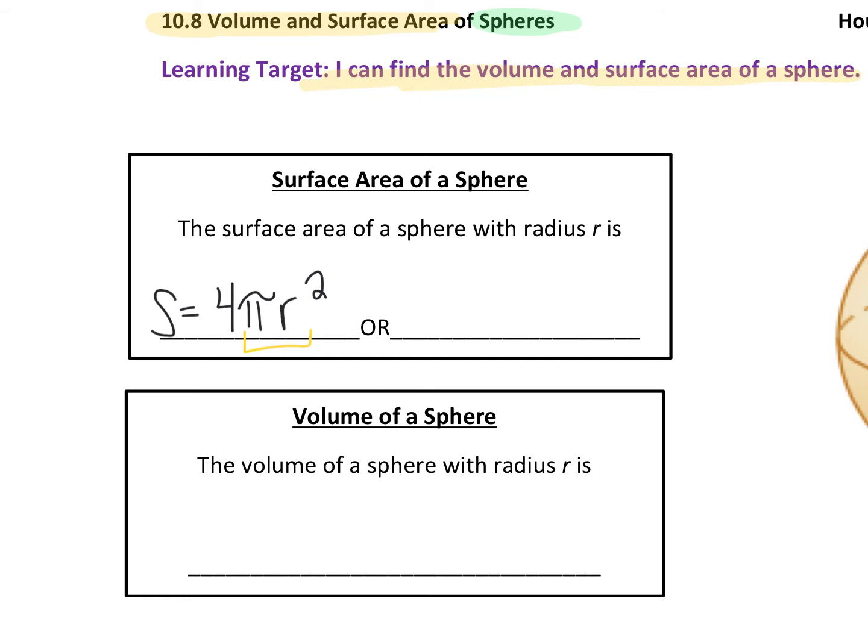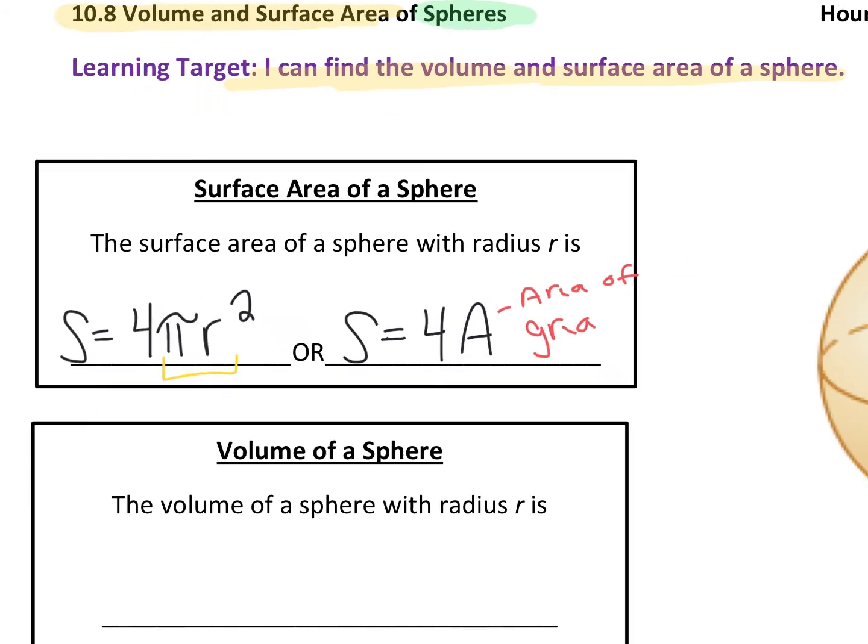When we write this in terms of just the area, it would be S equals 4 times A. Okay, and A is going to be the area of the great circle. And we're going to talk about that in a little bit.